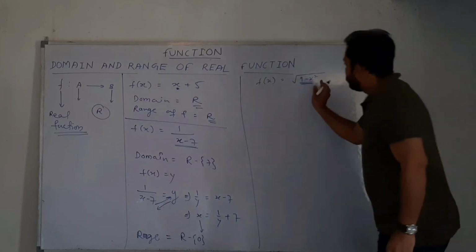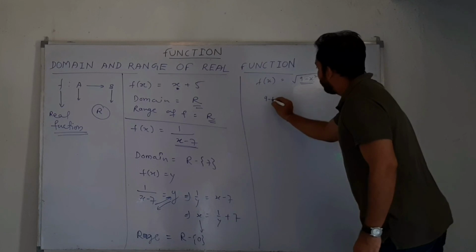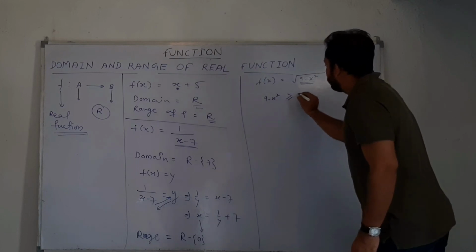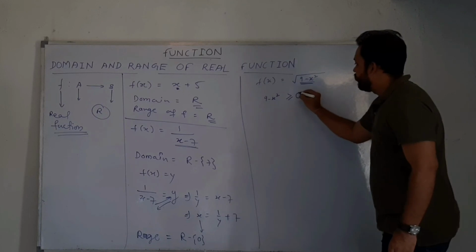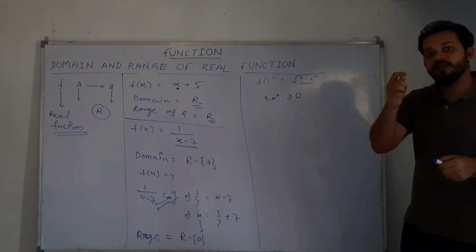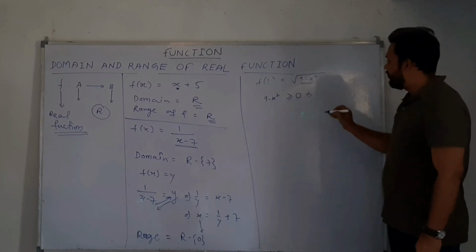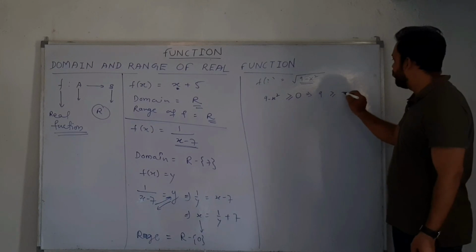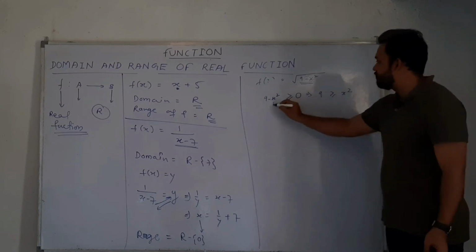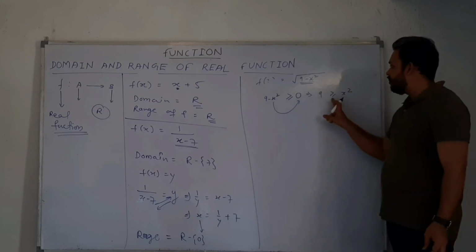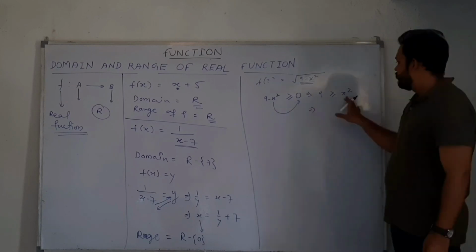That means this quantity 9 minus x square must be greater than or equal to 0. Now find the value of x. So the value of x we can get here, that is 9 is greater than or equal to x square. We transpose x square this side, it will become 9 greater than or equal to x square.